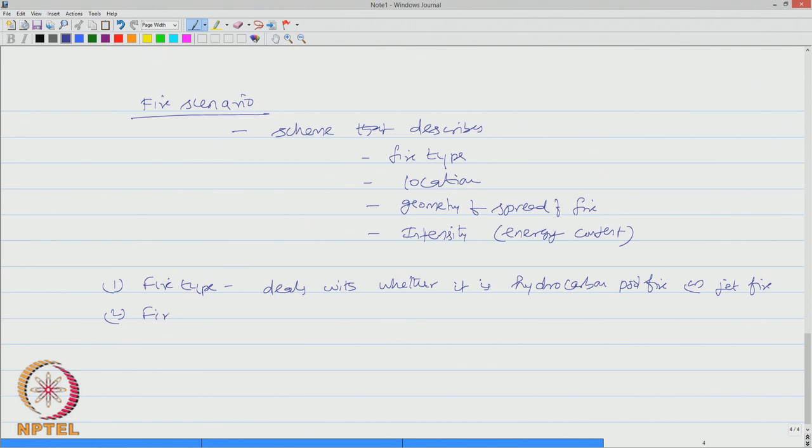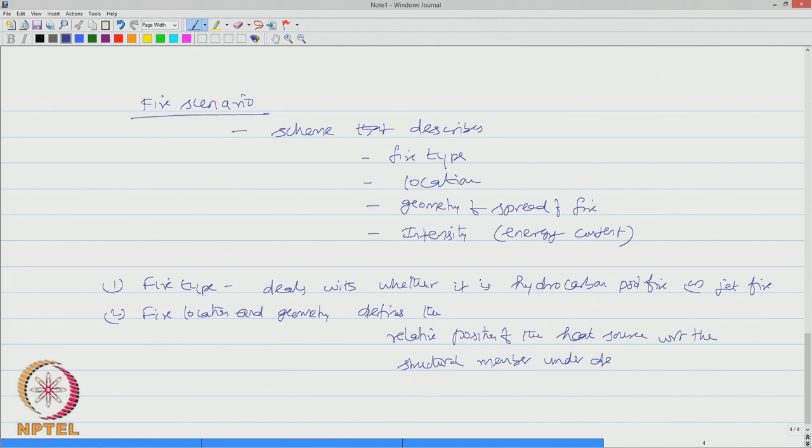Fire location and geometry defines the relative position of the heat source with respect to the structural member under design.